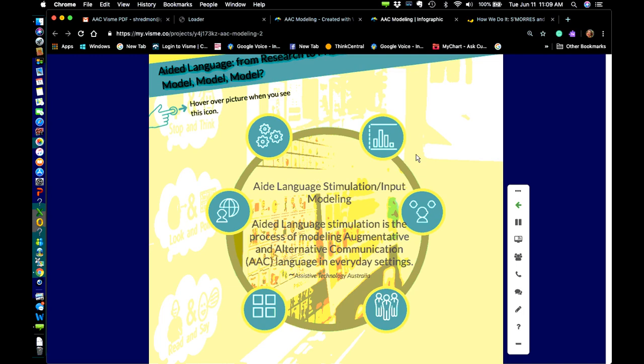So we're talking about aided language stimulation or aided language input or aided language modeling or partner assisted. There are lots of different words that all mean the same thing. This whole idea of aided language stimulation is that process of modeling AAC language in everyday settings.